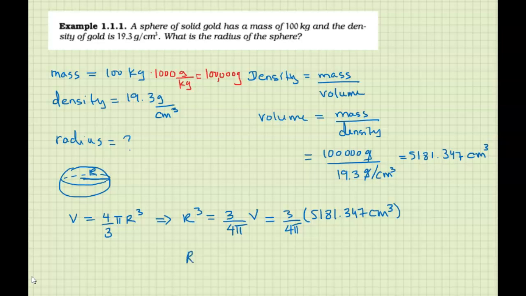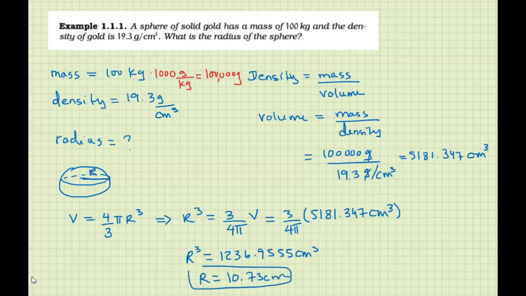I get r cubed equals 1236.9555 centimeters cubed. Now for the radius, we take the cube root of this answer, and we get 10.73 centimeters.